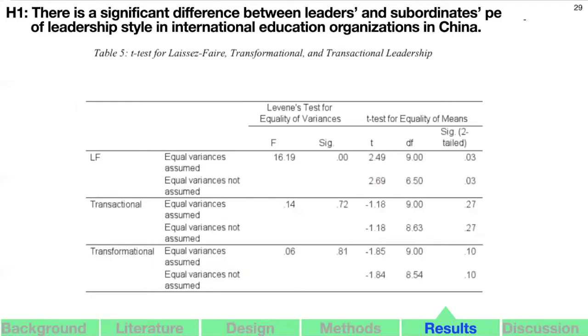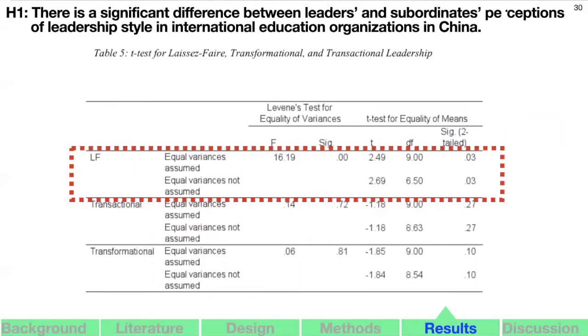Then I also conducted T-tests on the leadership style, and only laissez-faire leadership was significantly different between leaders and subordinates.